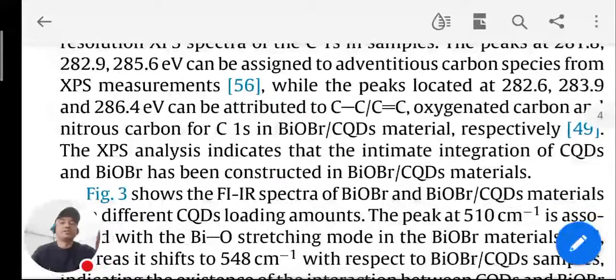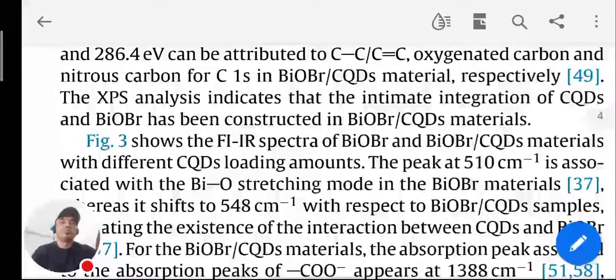The XPS analysis indicates that an intimate integration of carbon quantum dots and BiOBr has been constructed in the BiOBr carbon quantum dots material.